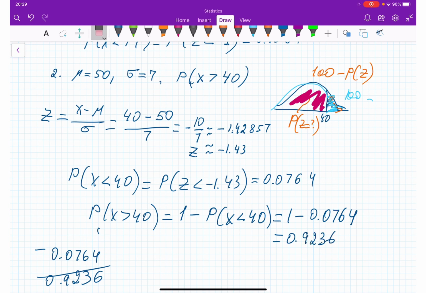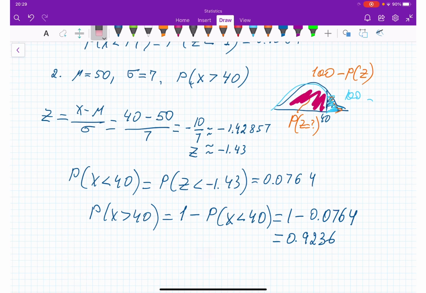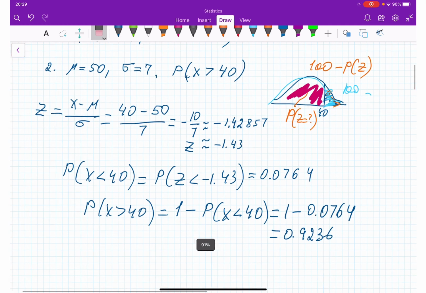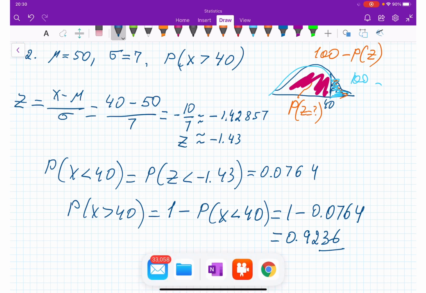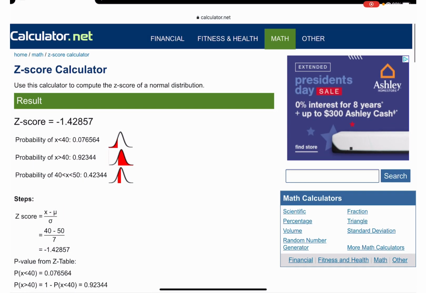0.9236. Now, here is the thing. Sometimes the last decimal, let's say 3.6, doesn't match the answer. In that case, if the first time you place it there and it doesn't approve, then you want to place this information in this calculator.